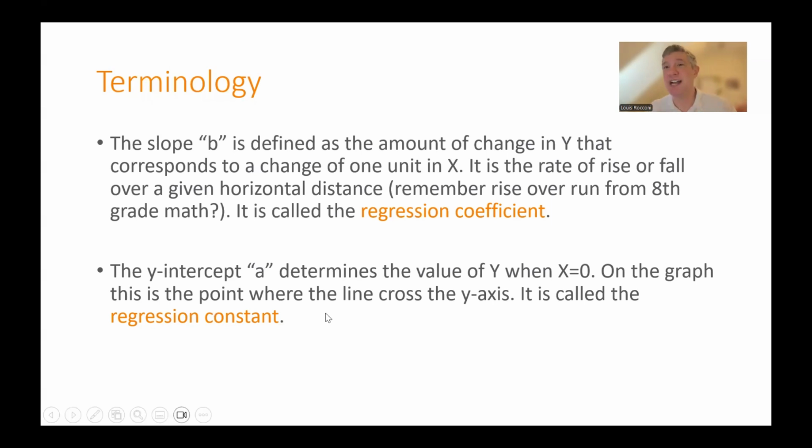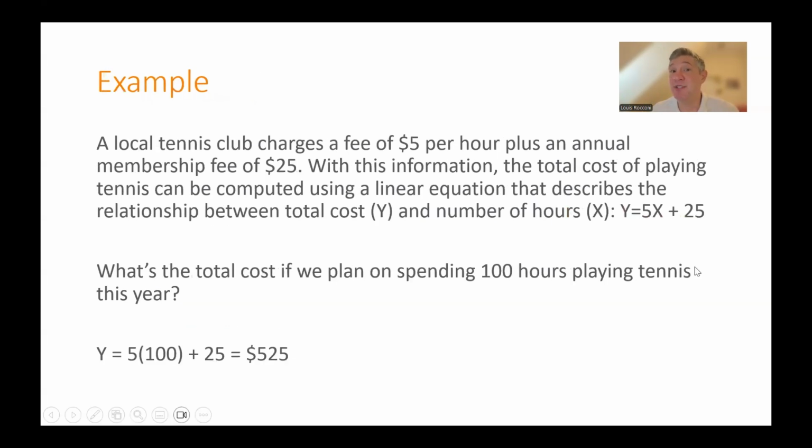The regression constant is the y-intercept, right? When x is 0, what is the value of y? So it anchors the line. Where does it cross the y-axis? That's where x is 0. So when x is 0, what's the value of y? That's the regression constant. In our tennis example, if we played 0 hours of tennis, we would still pay $25. When our x value is 0, that's the minimal cost.